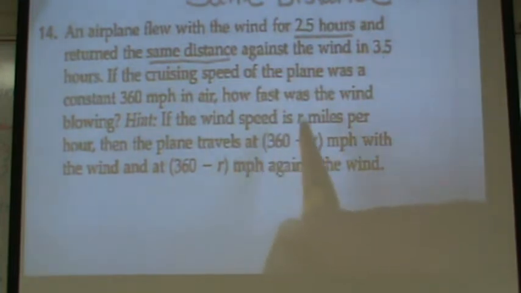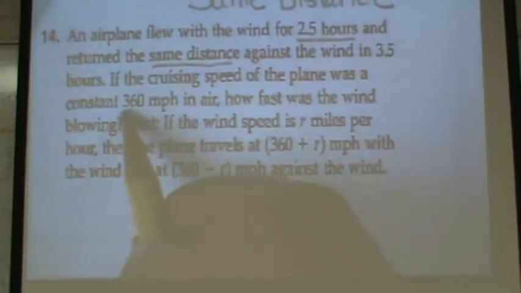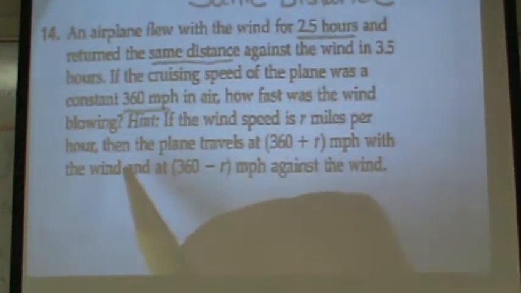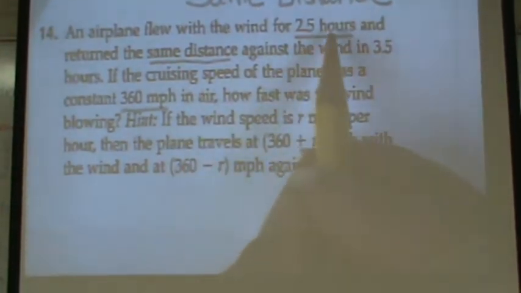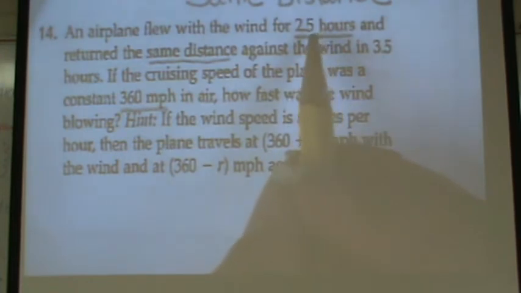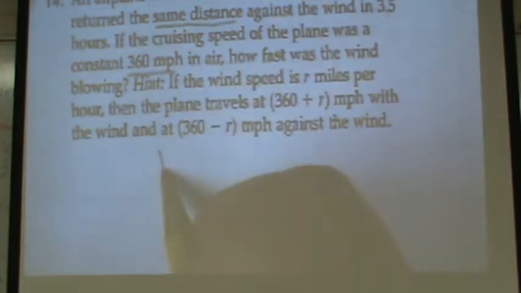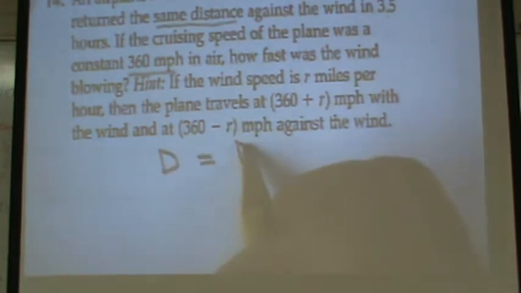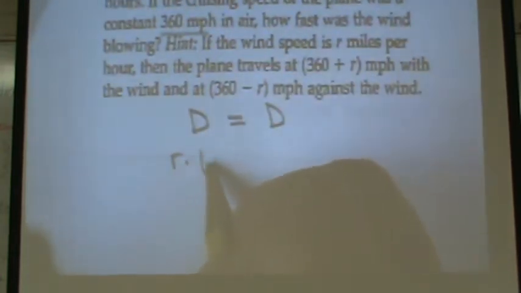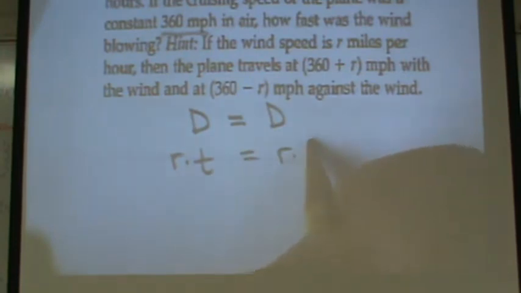Well, the plane is cruising at 300 miles per hour. That's the plane speed. So if it's taking 2.5 hours with the wind, that's with tailwind, and 3.5 hours against the wind, we're going to do the distance is equal to the distance. So that's rate times time is equal to rate times time.